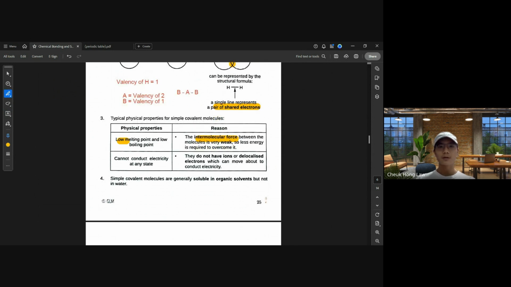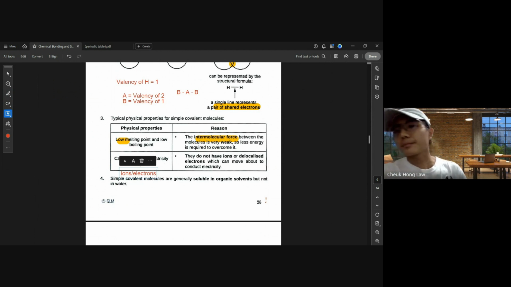Okay, the second physical property is that it cannot conduct electricity at all, in any state. Remember, for conducting electricity there are only two things you need to think of: ions or electrons. Either one of these has to be free to move. So you either have free moving ions, free moving electrons, or both.